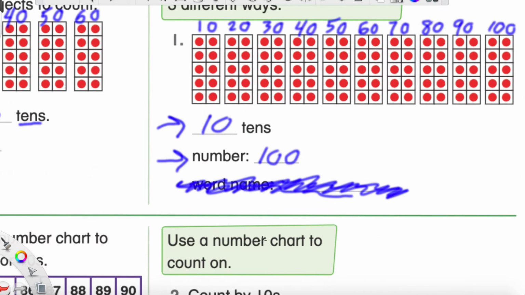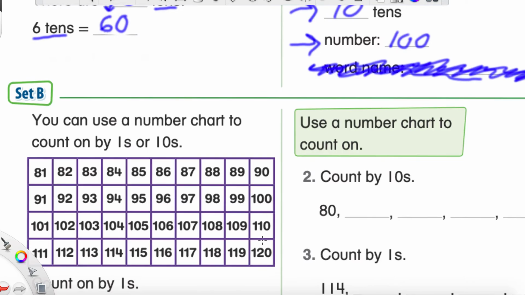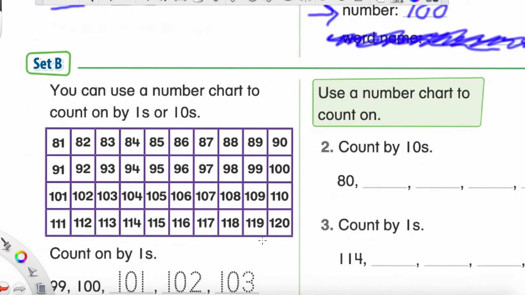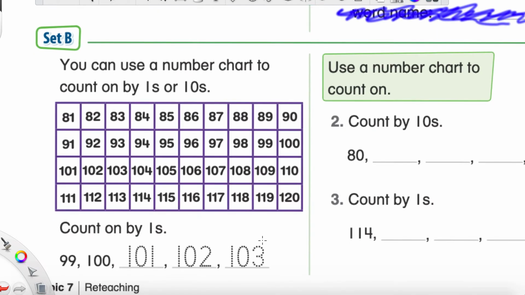All right, let's go down to our next section, which is set B. So for this section, for section B, right here, they are giving us part of a 100 chart, right?